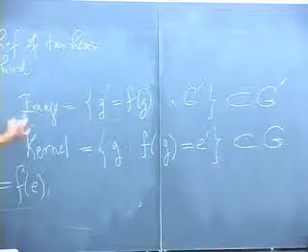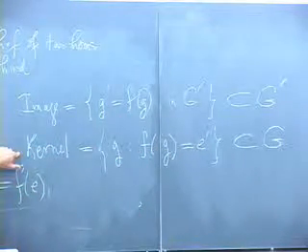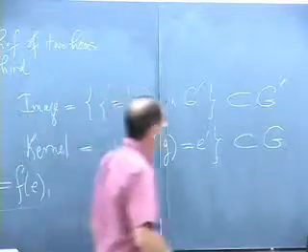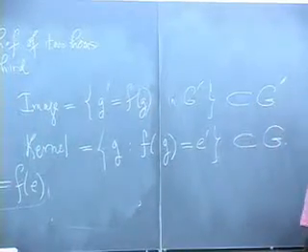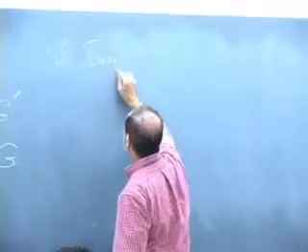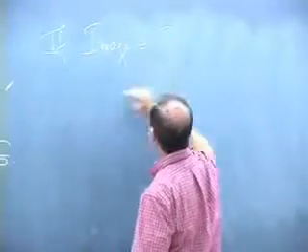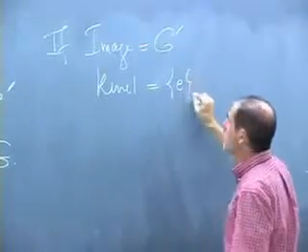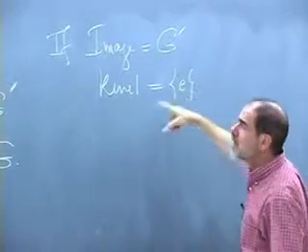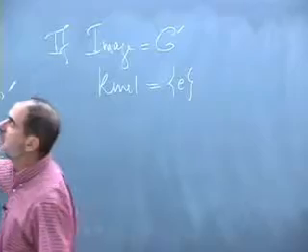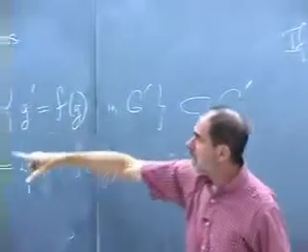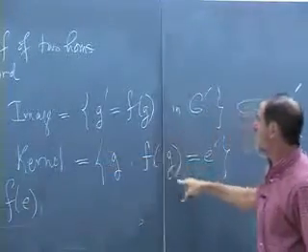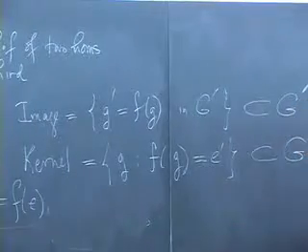And if both of these are trivial, if the image is equal to G prime and the kernel is equal to the set {e}, the image always contains e prime by the fact that f of e is e prime, and the kernel always contains e.